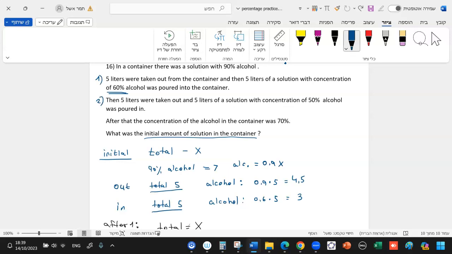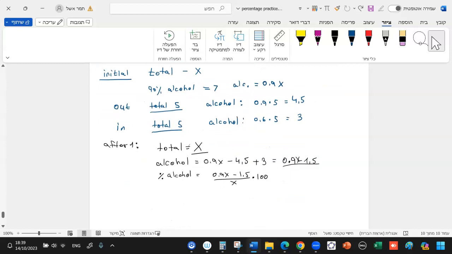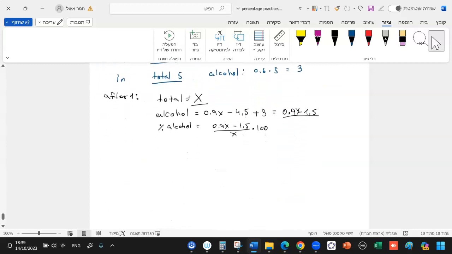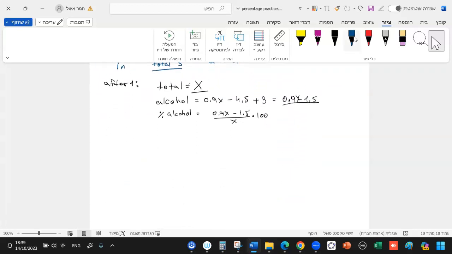5 liters were taken out from the container and 5 liters of solution with concentration of 50% is poured in. So let's do the same again. First, let's take out 5 liters.